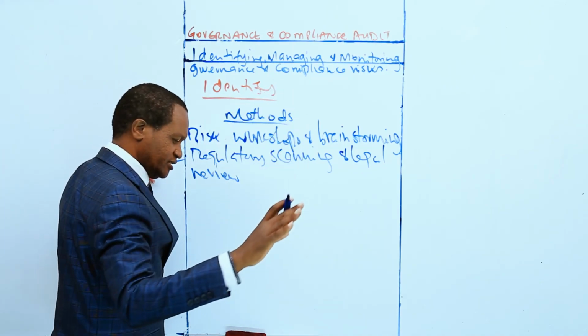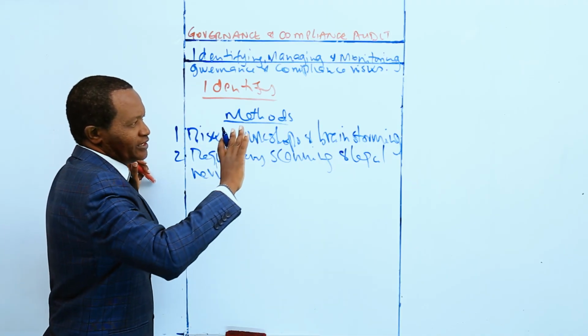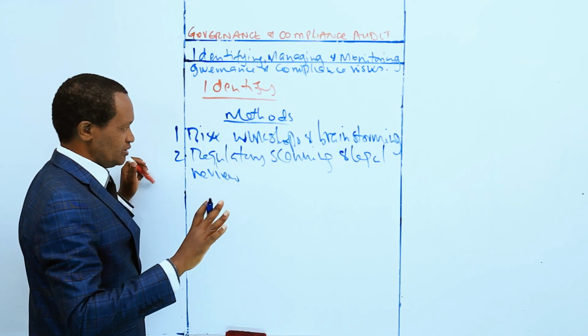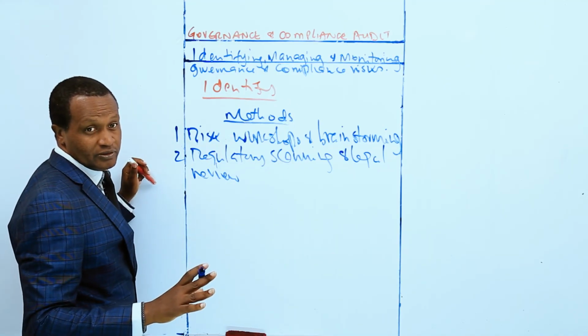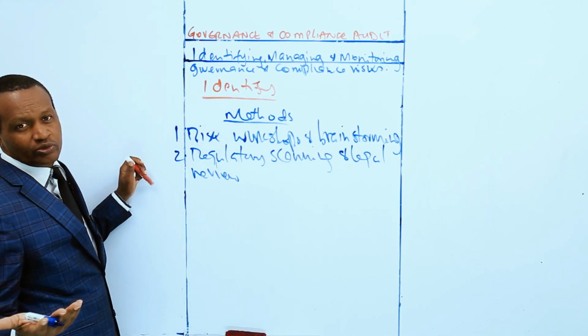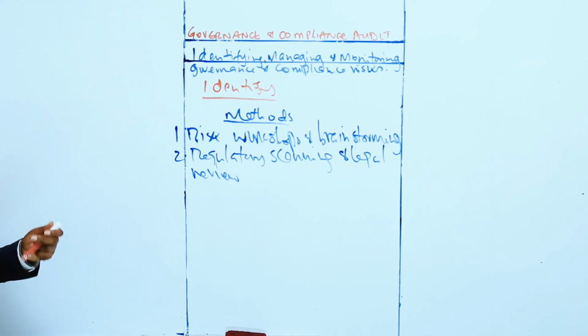Regulatory scanning, having people within the organization who are scanning the legal environment, finding out if there are new laws that are coming out. You understand? Or it could just be engaging a legal counsel to interpret new or amended legislation and then assess its impact.